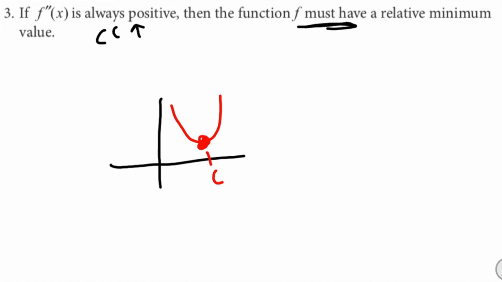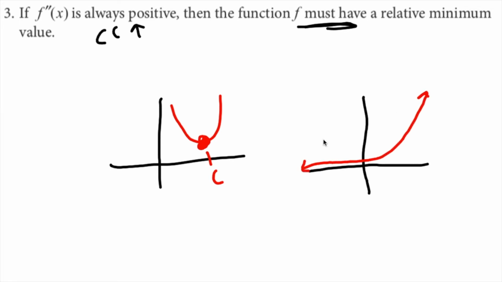But again, we're trying to think of a counterexample. So can we think of a function that is always concave up, so the second derivative is always positive, but it does not have a relative min? The only thing that I can think of is if we see a function like this, and this one may be a little more challenging for you to think about because we haven't looked at the derivative of exponential functions.